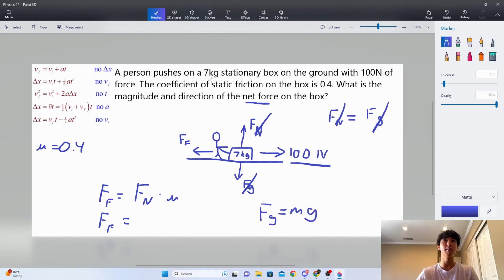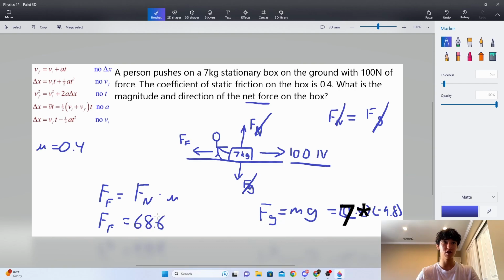Well, we have m, it's 7, and we know what g is. It's negative 9.8. So that means F of G is 7 times negative 9.8. Our force of gravity is equal to 68.6 newtons, which means that our normal force is also 68.6 newtons.